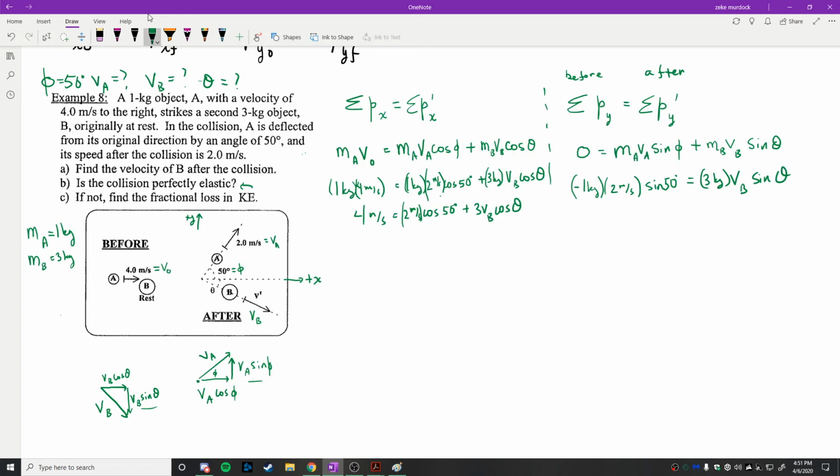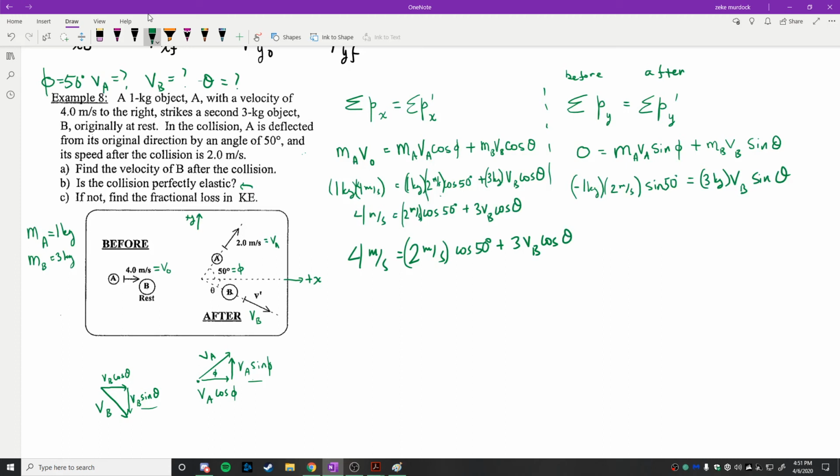There we go. I could probably clean this up a little bit here. I don't need to write this all. 4 meters per second equals 2 meters per second times cos 50 plus 3 VB cosine of theta. The other one's probably fine.